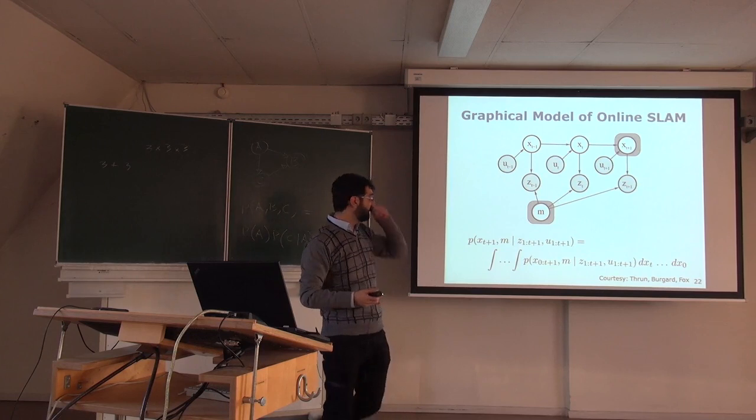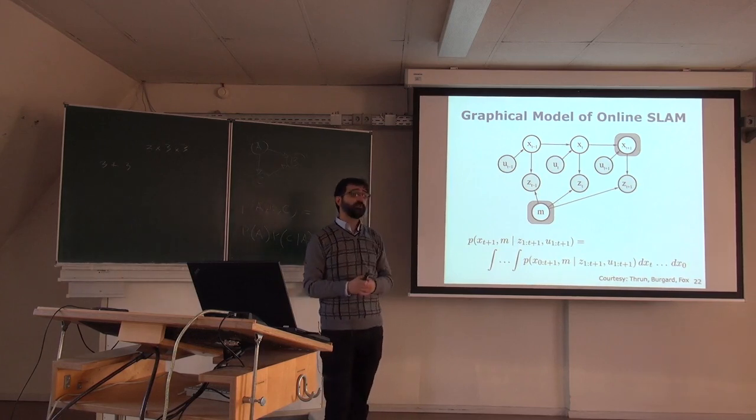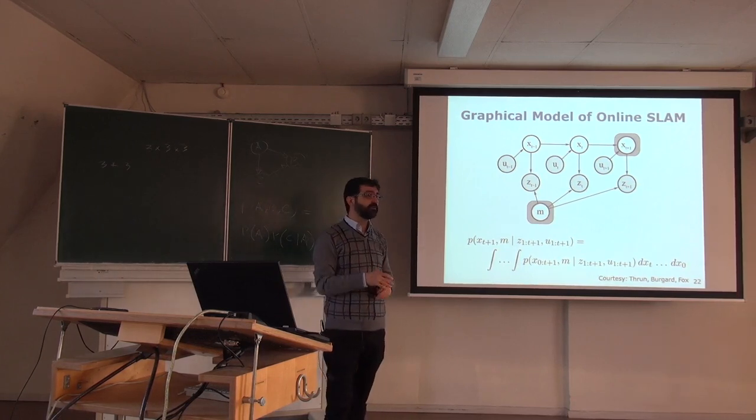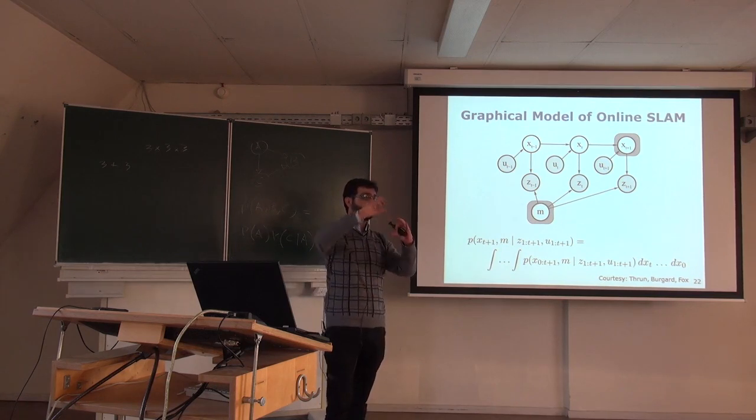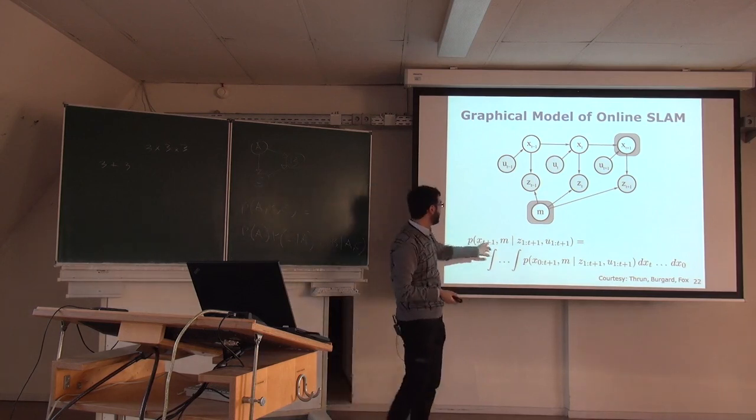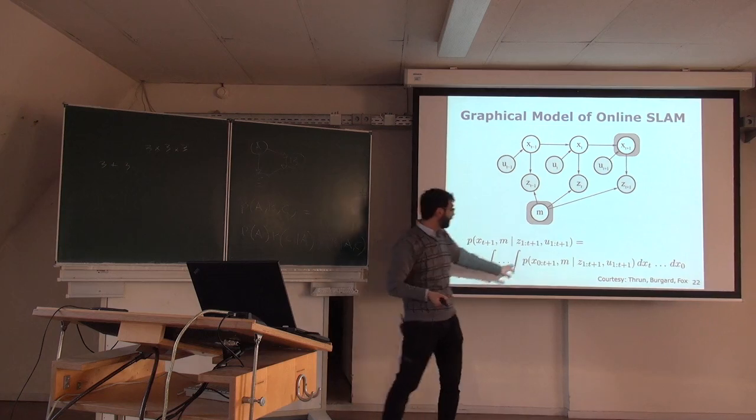So in this case, it's better to focus on the online SLAM because you know that your state space, at least from the pose point of view, is actually bounded. Because it's always one. When you do the updates, you increase by, let's say, 2 levels, so you will have xt plus 1 and xt, and then you do only one integral at a time.